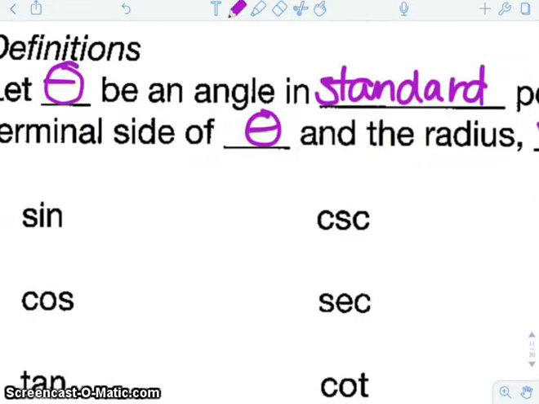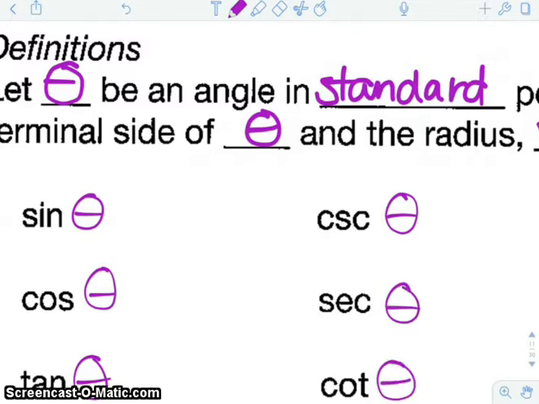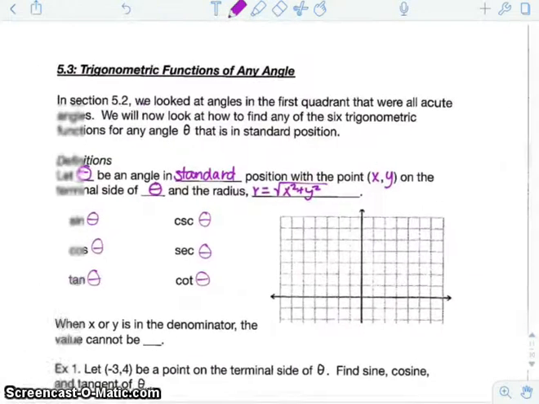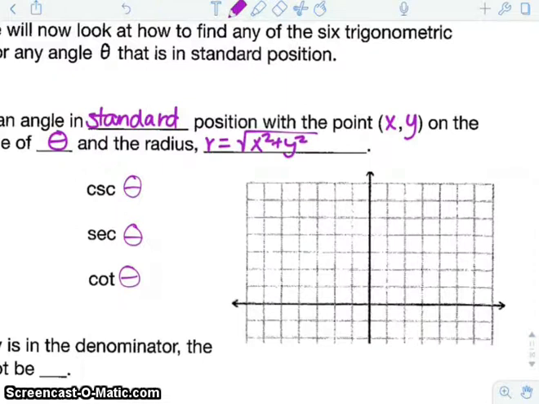So if that's the case, then we're going to find sine of theta, cosine, tangent, cosecant, secant, and cotangent. To start, we're going to draw ourselves a picture so that we have a better idea of what's going on. Standard position means the initial side lines up with the x-axis.